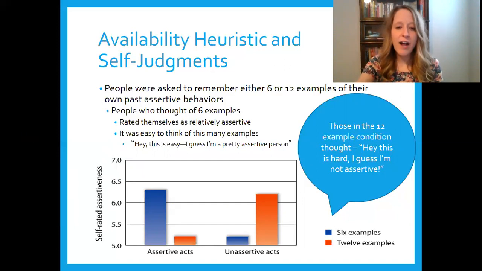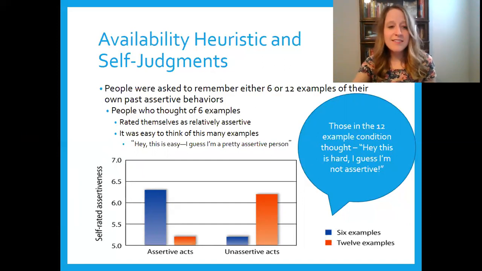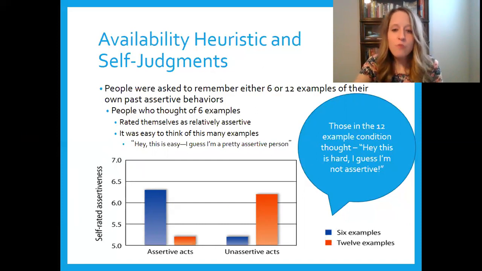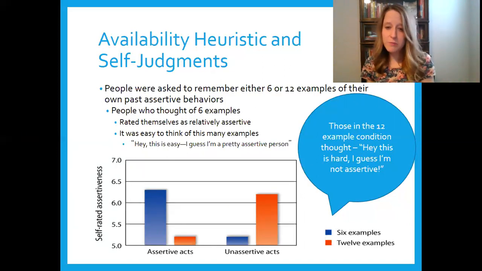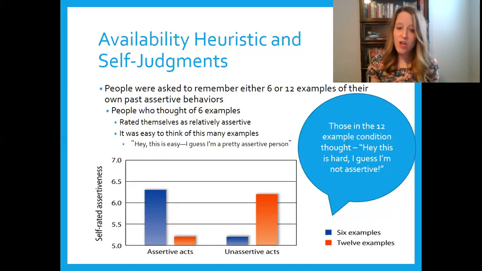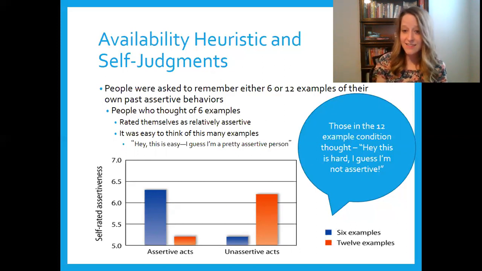If we look at the graph, those who were in the 6 example condition rated themselves as significantly more assertive. The task that they were randomly assigned to, 6 versus 12 examples, had a significant effect on how they rated themselves. Their judgments, even when it came to self-judgments, were influenced by the ease with which they could readily access that information.